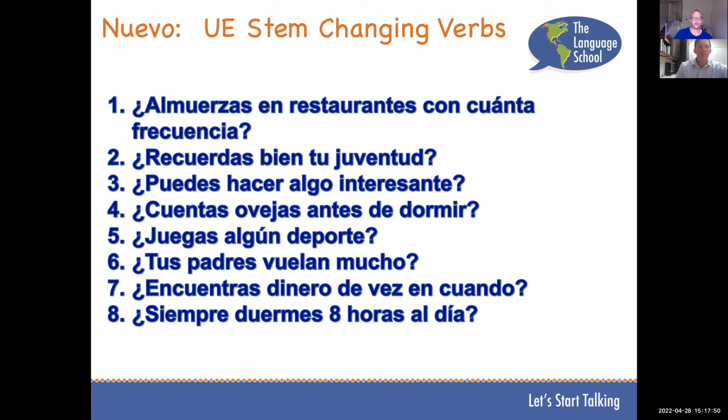Muy bien. ¿Recuerdas bien tu juventud? Is juventud youth? Ajá, muy bien. Sí, recuerdo bien mi juventud. ¿Puedes hacer algo interesante?